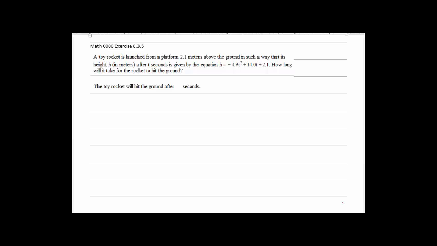All right, so the first thing we need to realize is when the rocket hits the ground, height is 0, so h is 0. And that's a key observation for the problem.